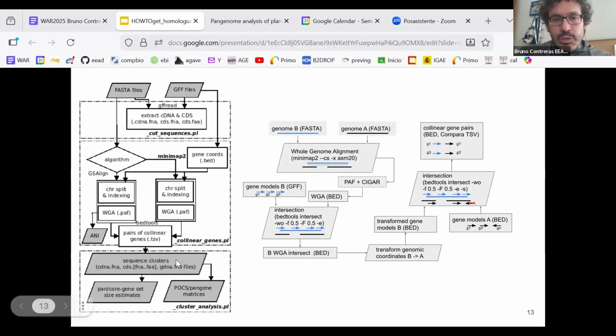At the end of the process, what you get are sequence clusters in FASTA files. You can also get estimates of the size of the pan and the core set, and also these pangene matrices, and also ANI and box matrices, okay?